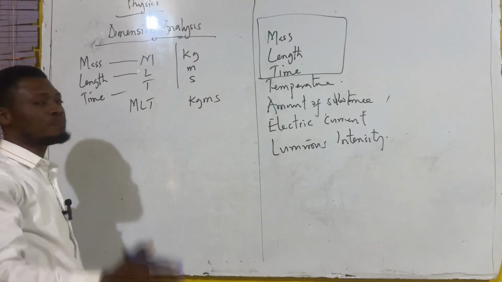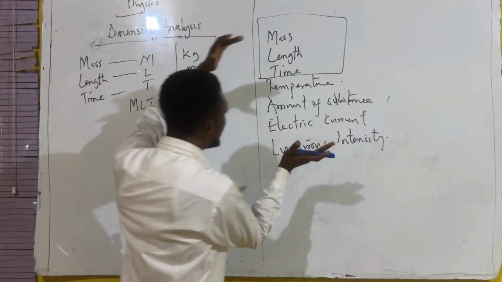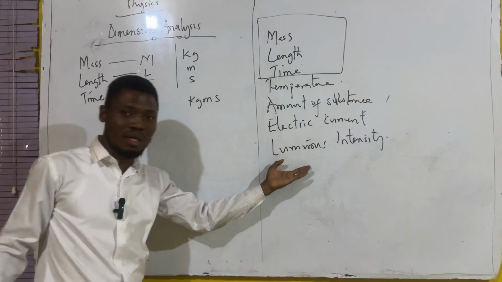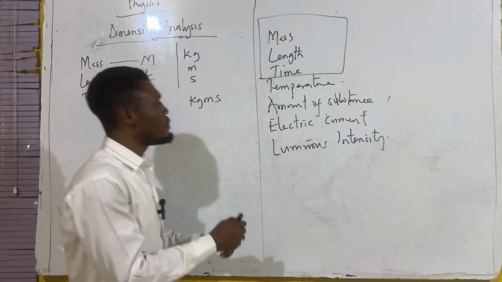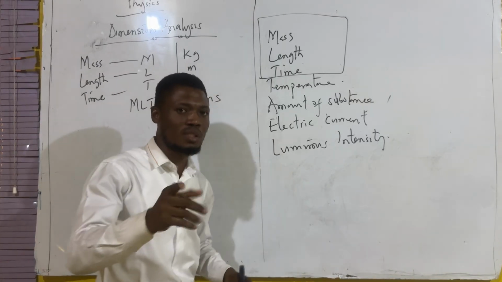Any other quantity that is not among these seven is called a derived quantity.